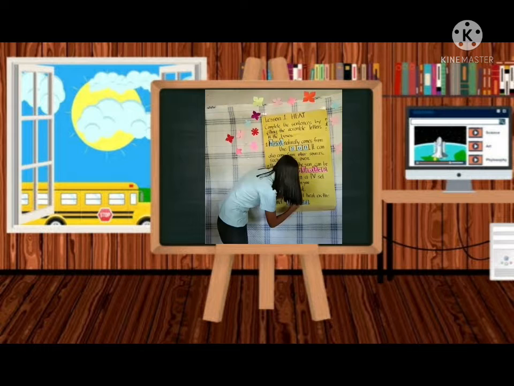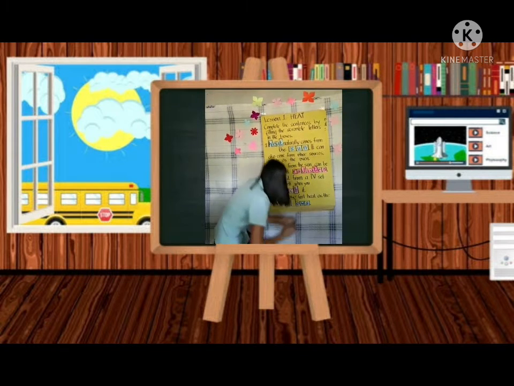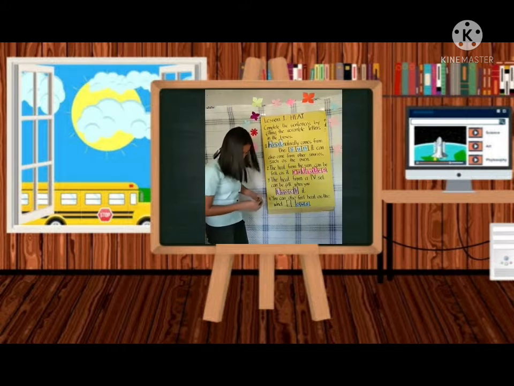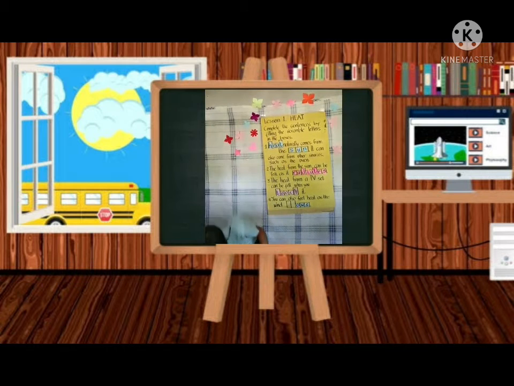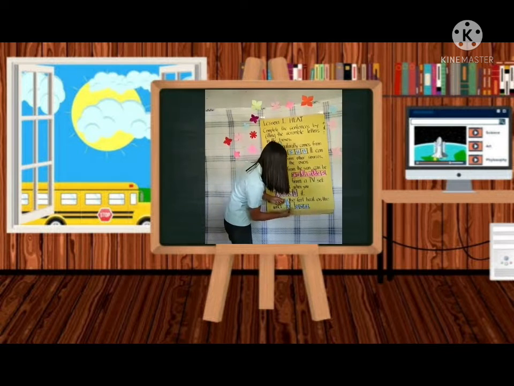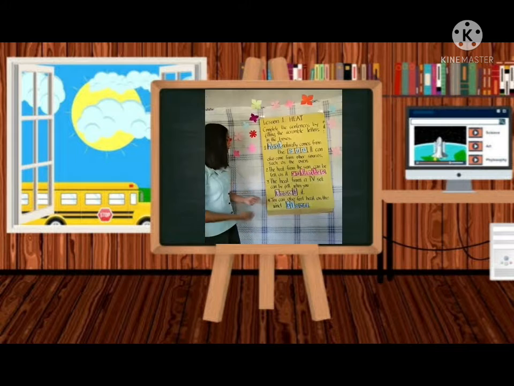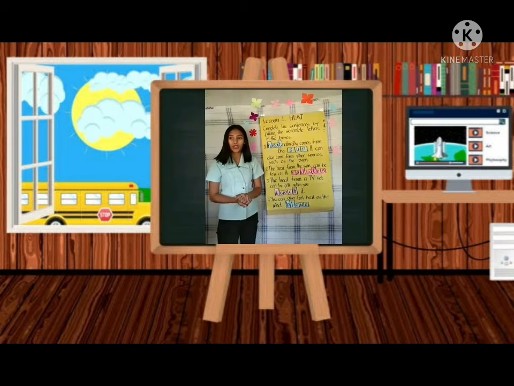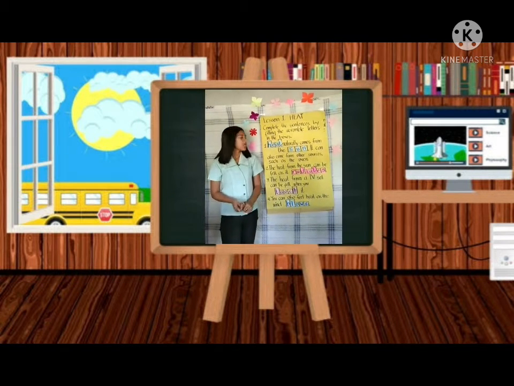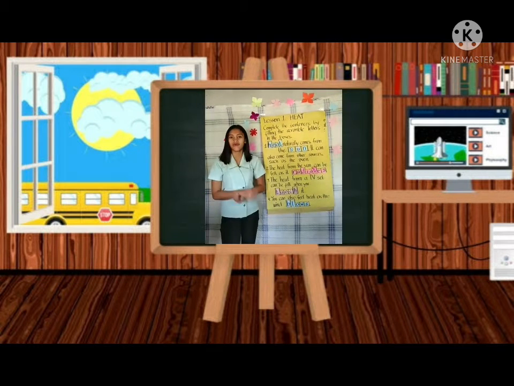He learns quickly. So, the first letter would be the letter B. So, you can also feel the heat as the wind blows. Okay, very good. Children, let's proceed to the next activity.